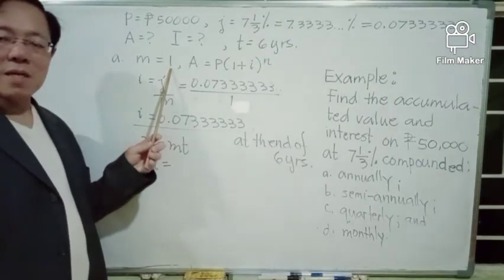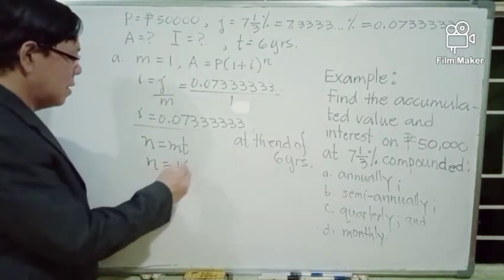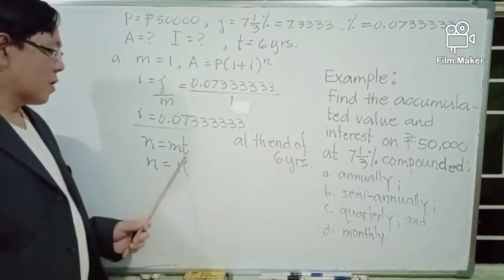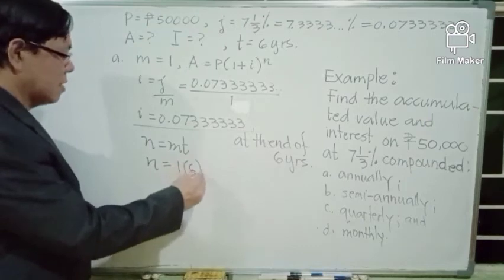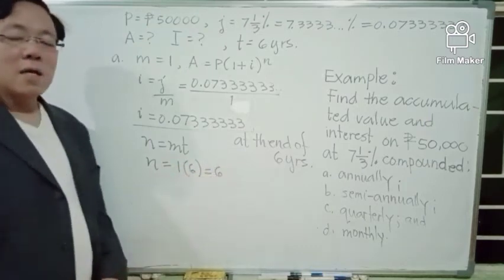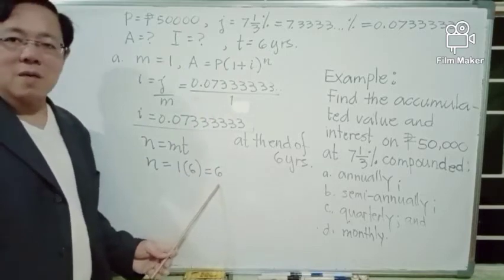That means interest is computed only once a year, but for 6 years, T is equal to 6. Hence, for a period of 6 years, the interest will be computed 6 times.